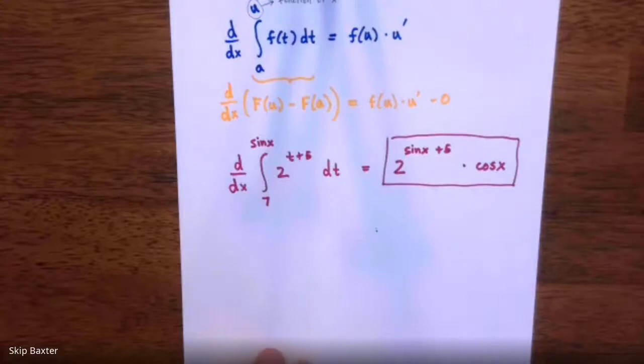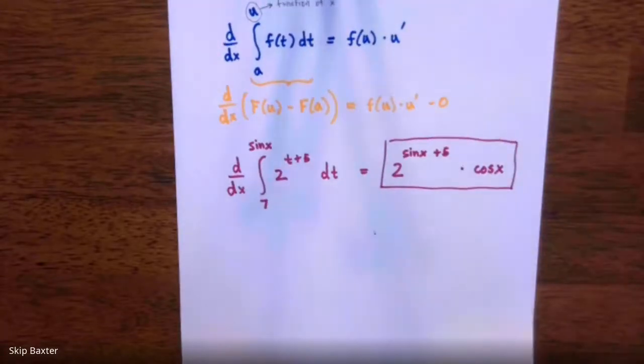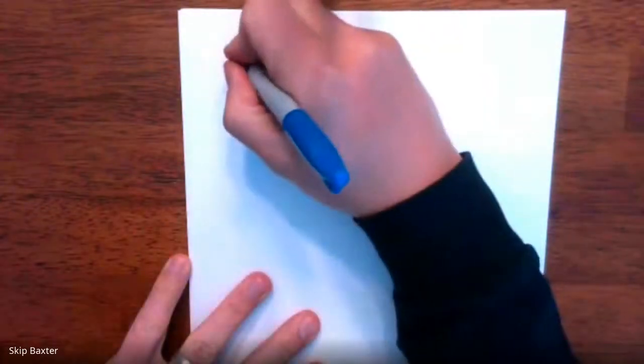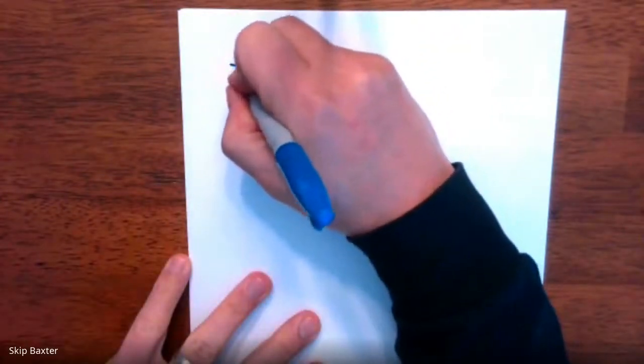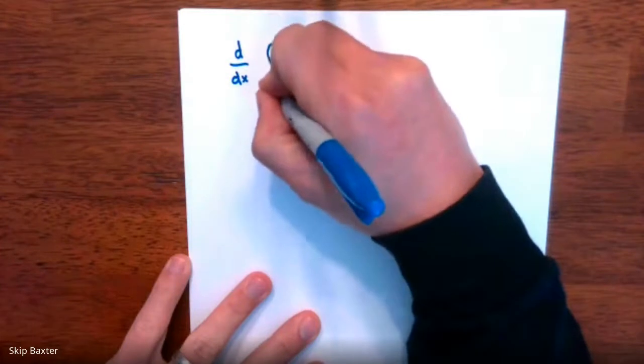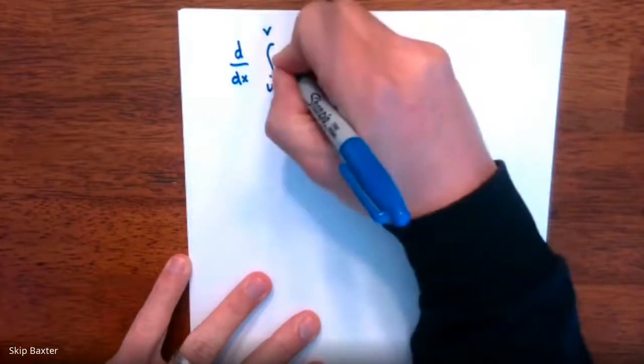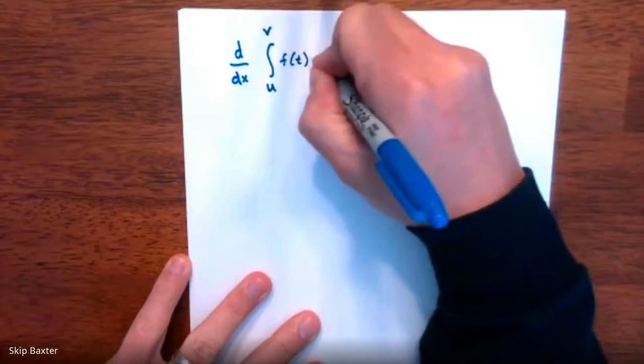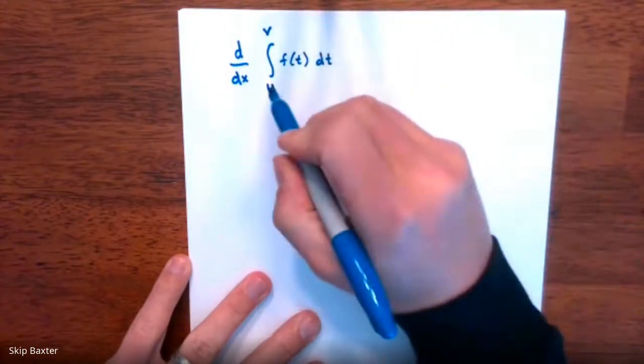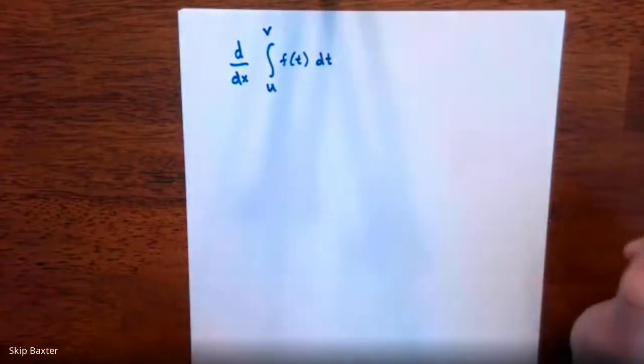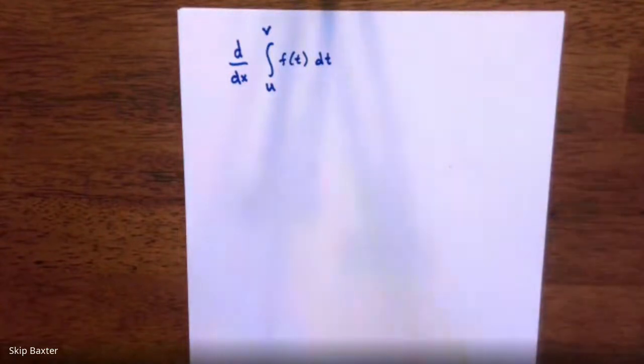Sometimes you might have an FTC problem where there's a variable on both the top and the bottom of the integral. So for example, d/dx of the integral from u to v of f of t dt. In this case, both u and v are functions of x. Okay? I could go through the same analysis that I just did.